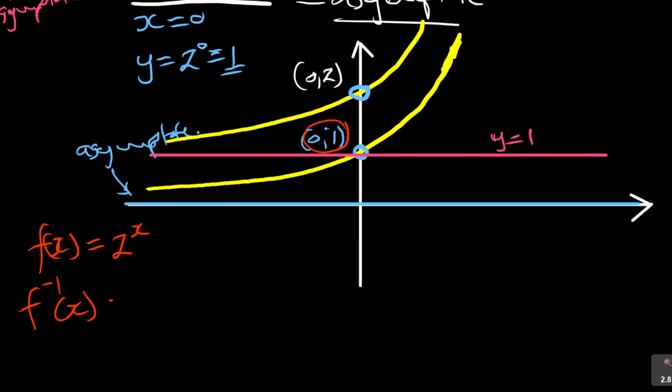Before we calculate it, how will you sketch that graph? Now we had a point here 0, 1, and when you're doing the inverse you interchange, it will become 1, 0. So I'm going to look for a point here that will represent my 1, 0. This point is 1. Remember, this is the x and that is the y.